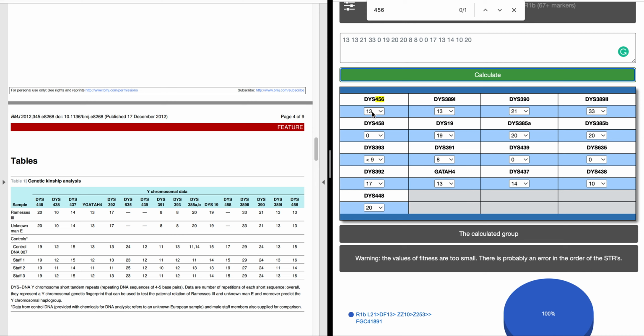So we have 456 is 13, 389 is 13, 390 is 21, 389-2 is 33, 458 is 19, 19, 385A or Aleph is 20, 385B is 20, 393 is 8, 391 is 8, 439 is 0, 635 is 0, 392 is 17, H4 is 13, 437 is 14, 438 is 10, 448 is 20.